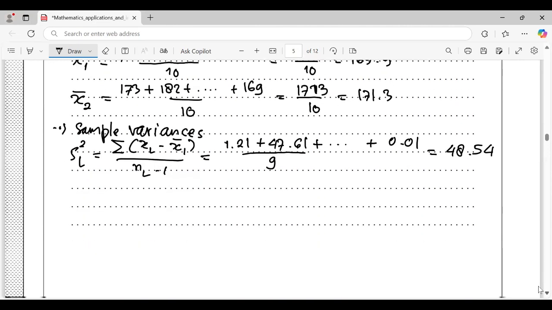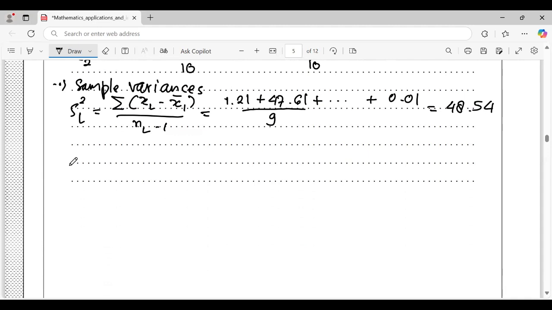Next, S D. Dutch. It's not Latvia. This is for Dutch. Using this rule, the result I have calculated is 2.89 plus 114 plus 49 plus so on.